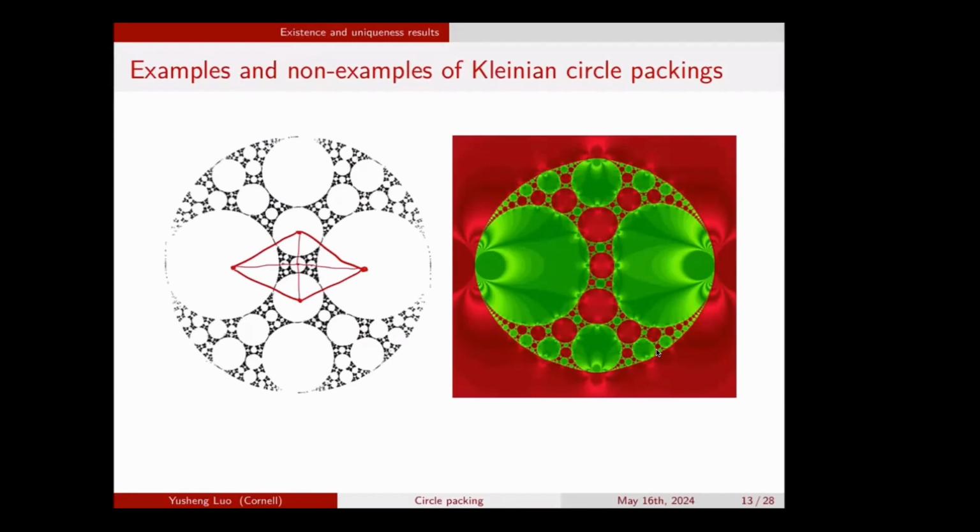On the right, we have a Julia set of a rational map. And these 2 sets are almost homeomorphic, but they're not. You can see if we look at the corresponding nerve of this limit set, we obtain the same subdivision rule for the interior, and we obtain the same subdivision rule for the exterior.